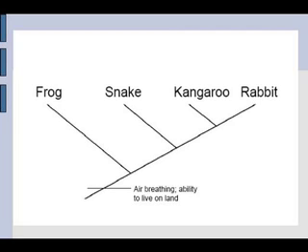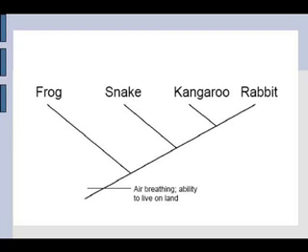So now let's think of what characteristic or characteristics snakes, kangaroos, and rabbits share, or what makes snakes, kangaroos, and rabbits different from frogs. Well, I can think of one thing.